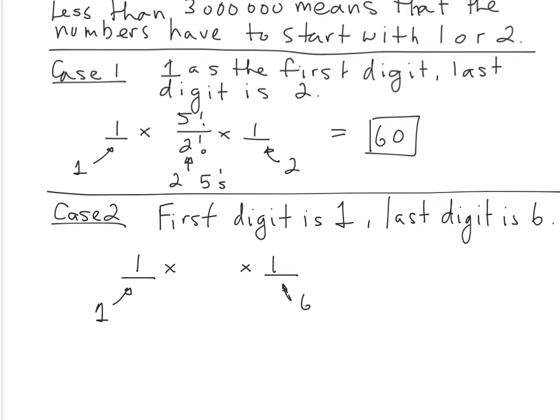We've still got 5 numbers in total, but now, since we're using the 1 and the 6, we have 2 2s that we need to divide out, and the 2 5s that we need to divide out. And this gives us a total of 60. Oops, sorry, I'm looking at the wrong part there. It gives me a total of 30.